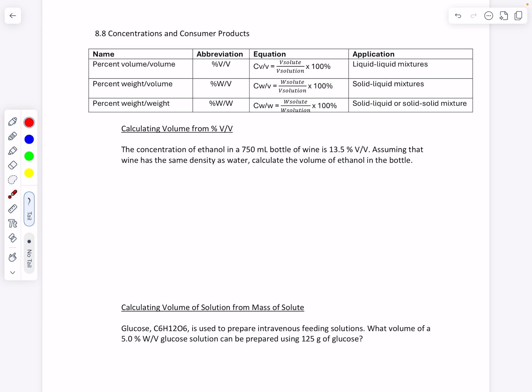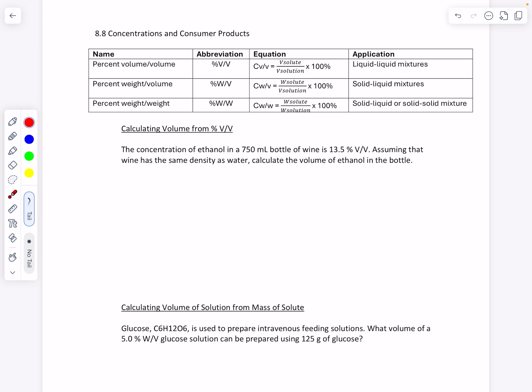Sample problem number 1, calculating volume from percent volume per volume. The concentration of ethanol in a 750 milliliter bottle of wine is 13.5% volume per volume. Assuming that the wine has the same density as water, calculate the volume of ethanol in the bottle.